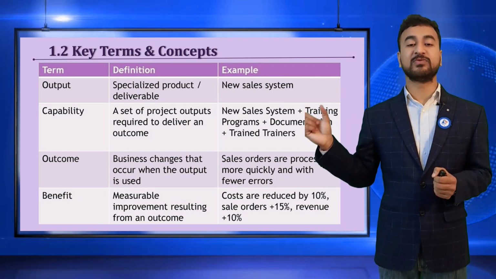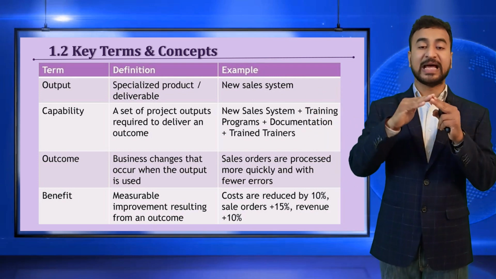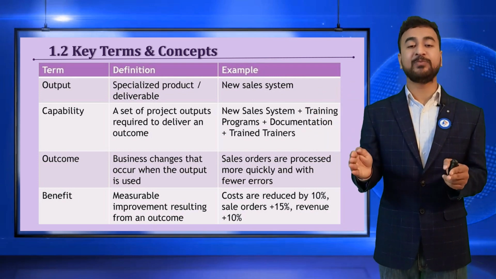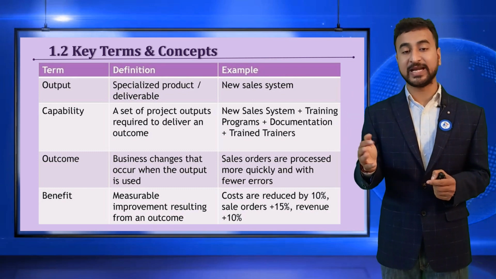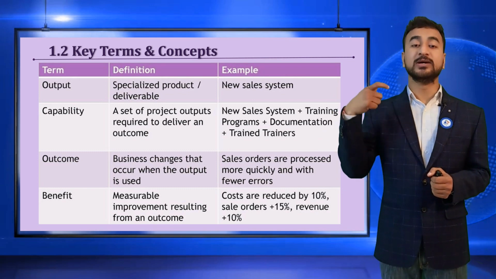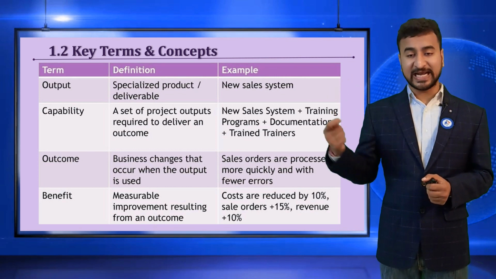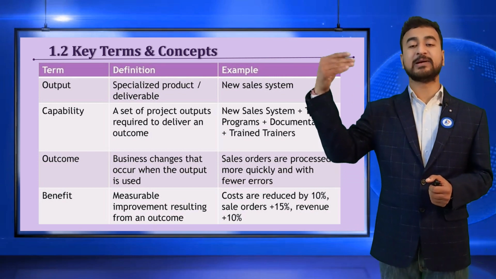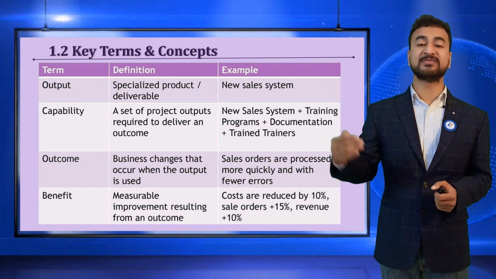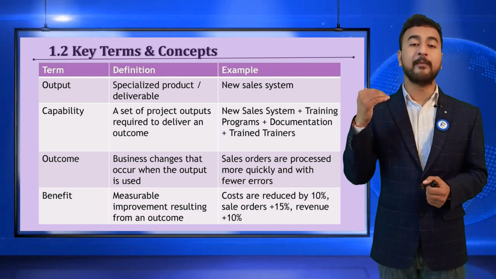And the benefit is always measurable. Please mark this keyword: measurable. You should have KPIs, key performance indicators, in place, by which you are measuring the change. Like your costs are reduced by 10%, your sales orders are increased by 50%, and your revenue is increased by 10%. That we call a benefit.